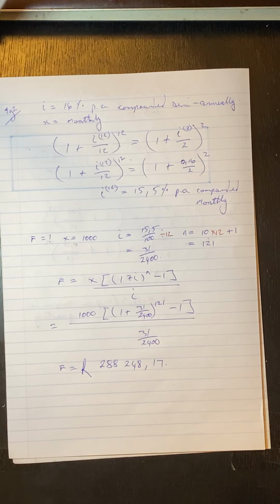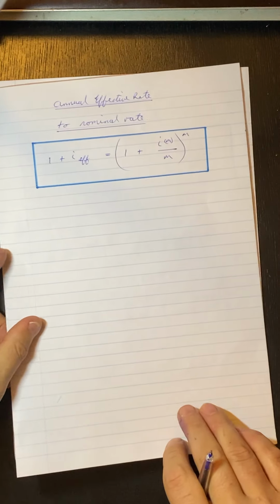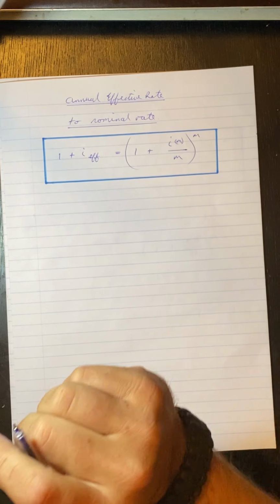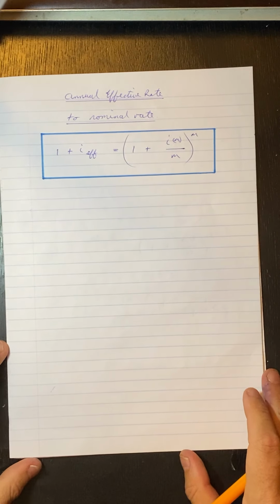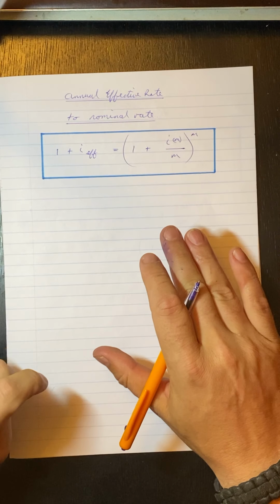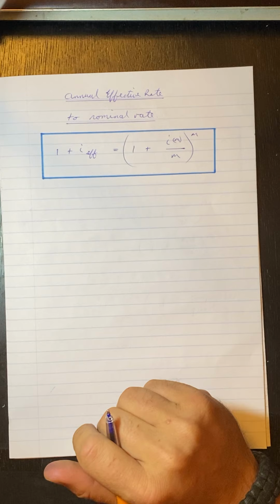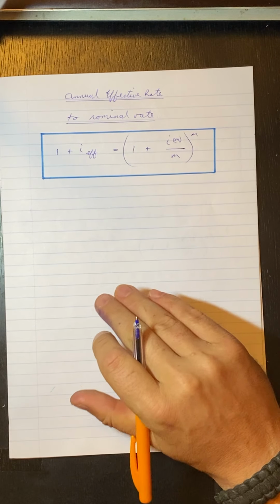All right, moving on to the next thing, grade 12s, is converting an annual effective rate to a nominal rate. So with this type of thing is you have your nominal rate, and your nominal rate is normally what they say in the question. For example, that previous one was, they told us that it was 16% per annum compounded semi-annually.